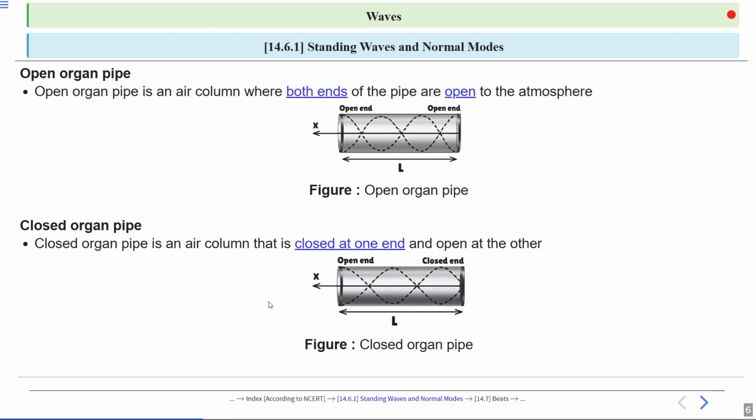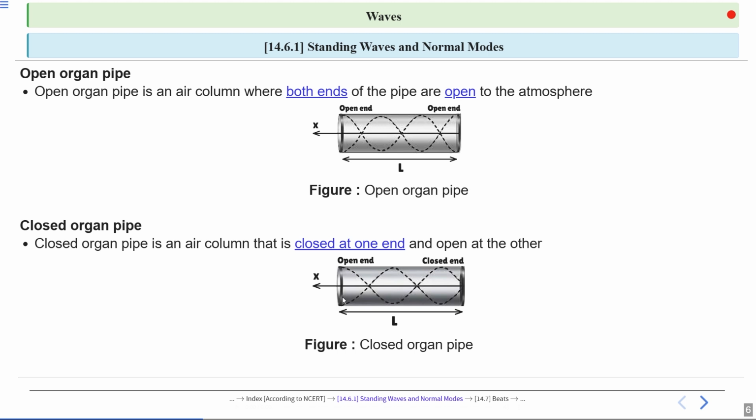Alright, so as shown in the figure here, closed end is node whereas open end is antinode. So this one is antinode and this one is node. I hope this is clear because here the end is closed and here the end is open.